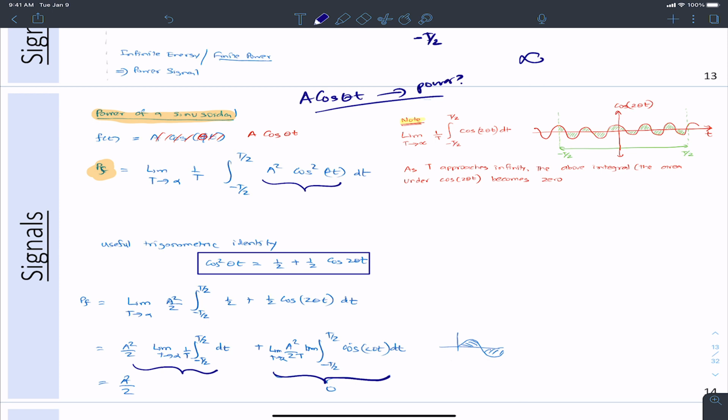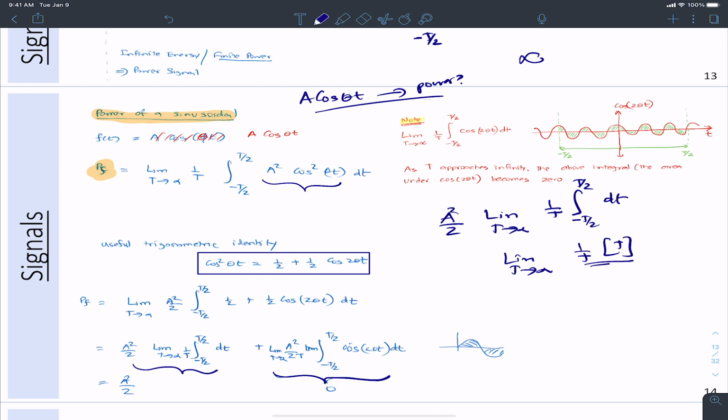The first part is you take A squared by 2 outside, and it goes to limit T tends to infinity, 1 over T, integration minus T/2 to T/2 dt. That's going to be limit T goes to infinity, 1 over T times T. So that's 1. So that's just A squared by 2.